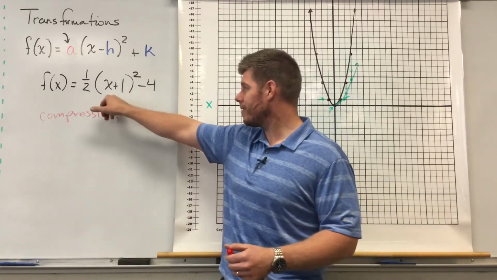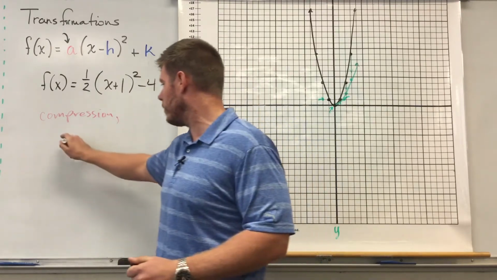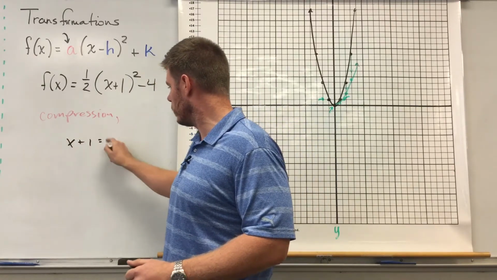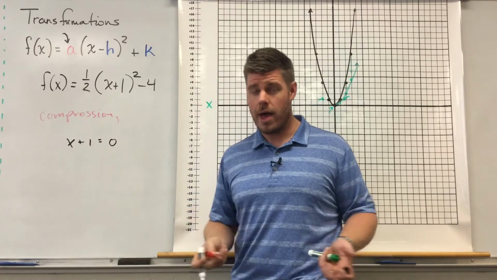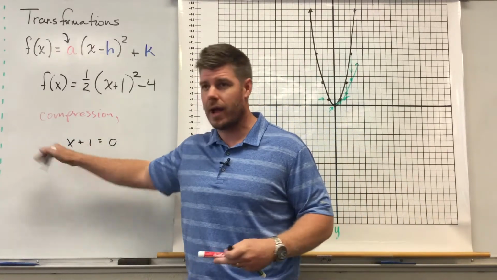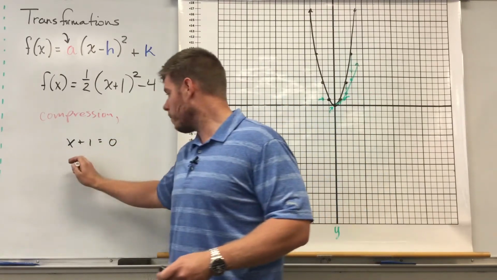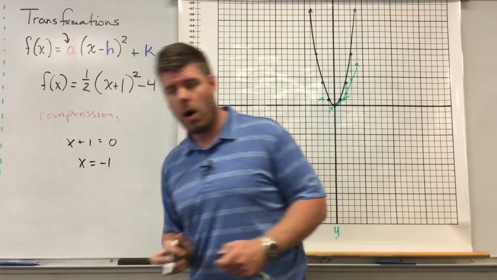So how do I turn this thing into 0? Very quickly, if you take a look at this and do x plus 1 equals 0, you can solve for what the translation will be. So we're solving for x, a movement left to right. Therefore, I get x equals -1.